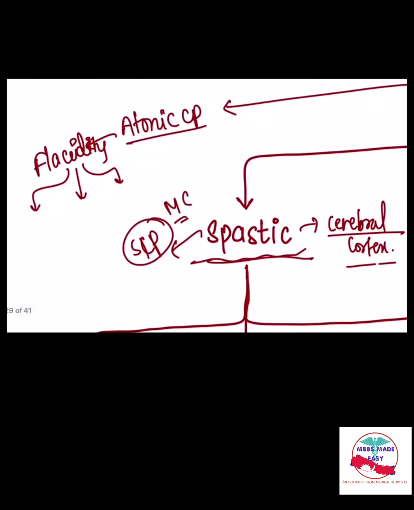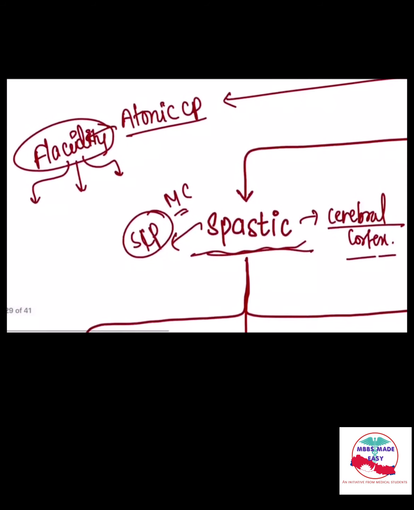From this acute phase of flaccidity, or complete flaccid paralysis, the child can go into spastic, or into choreoathetotic, or finally into ataxic type of cerebral palsy. So instead of atonic cerebral palsy being considered a separate entity, it is considered a pre-pathogenic stage of spastic, choreoathetoid or ataxic cerebral palsy.